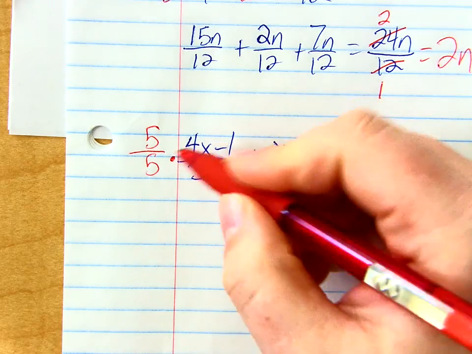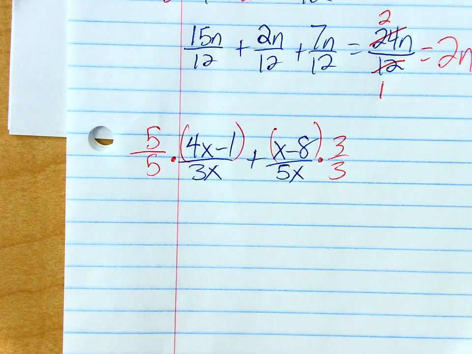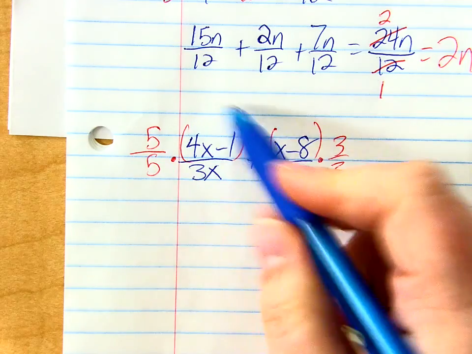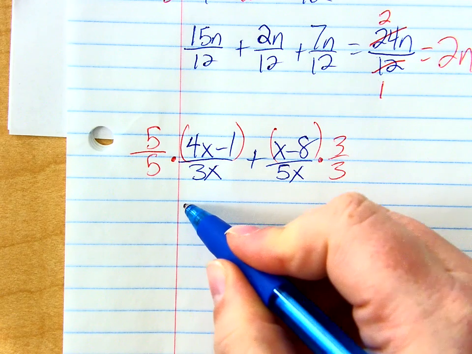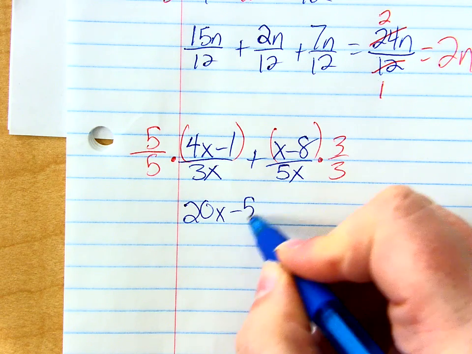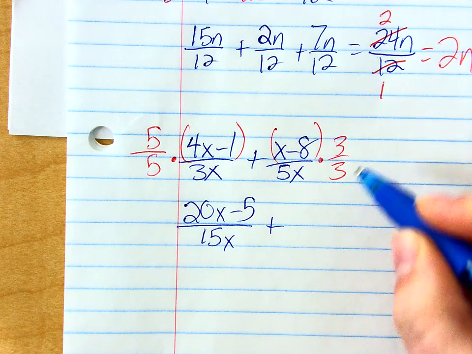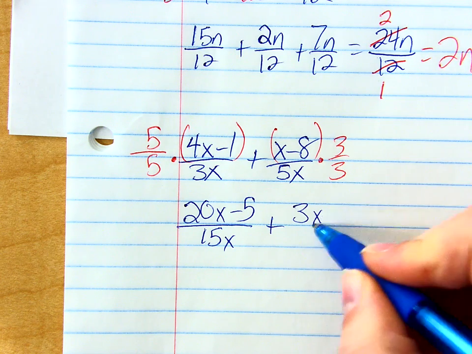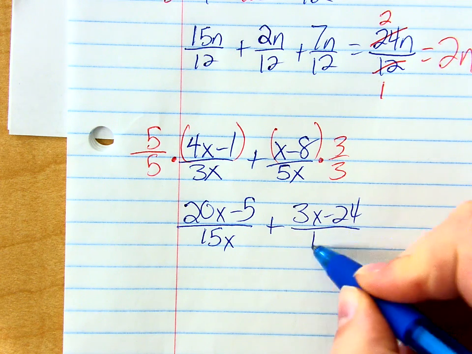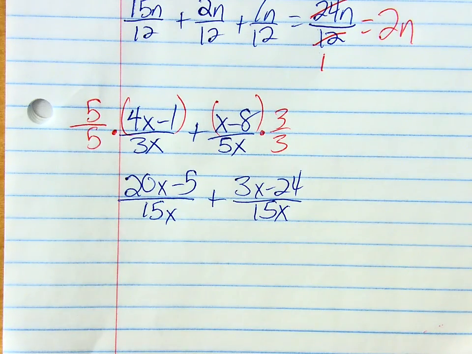Again, since you're multiplying by binomials, you're going to have to distribute on both of those. So this first fraction really turns into 20x minus 5 over 15x plus, what's this? That's it. Again, it's addition, so we keep getting lucky.